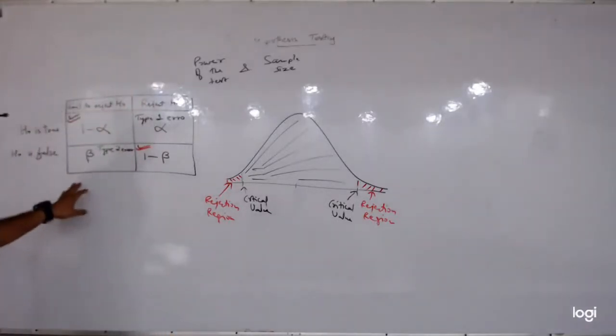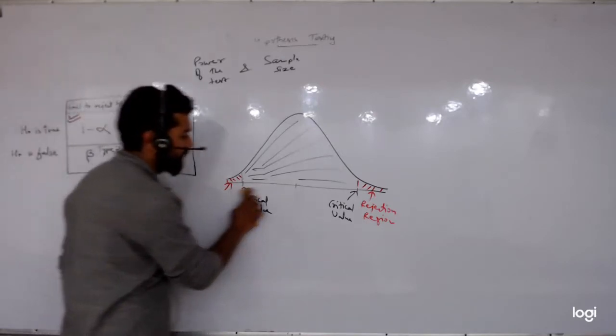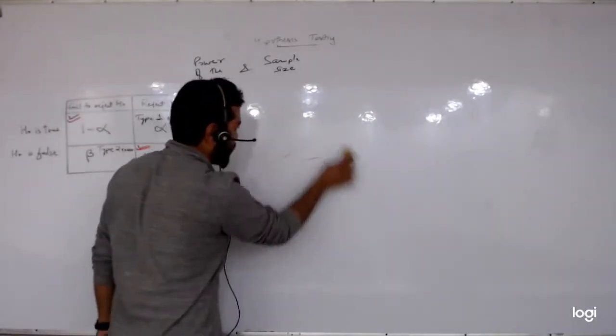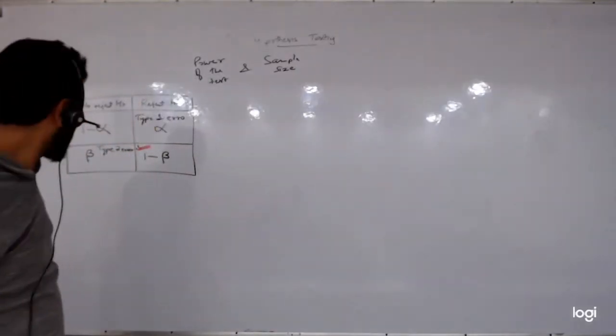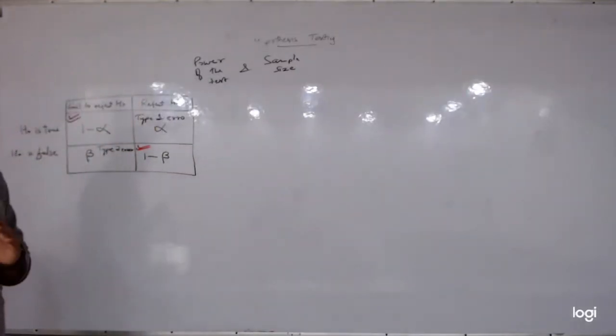Let's move on to how we calculate beta. Beta comes into play when our null is false.